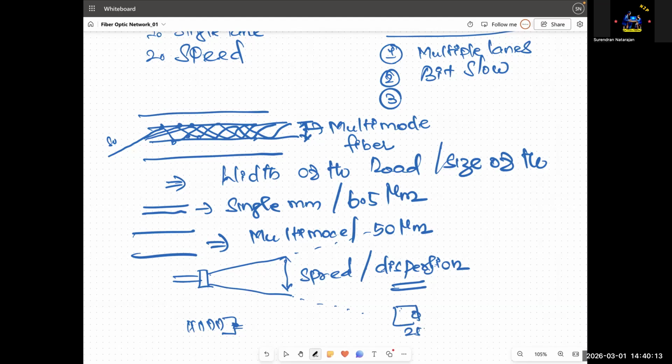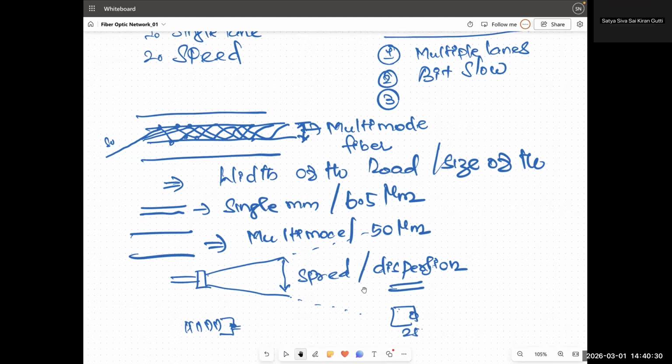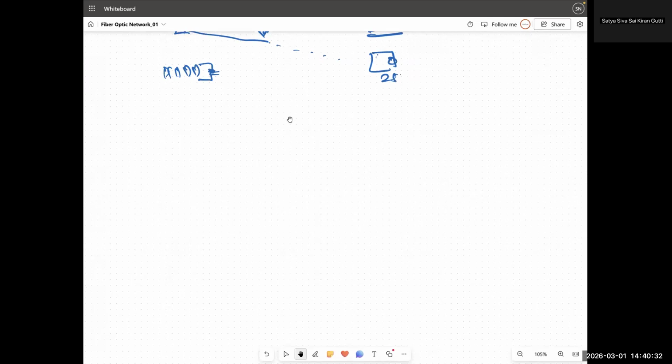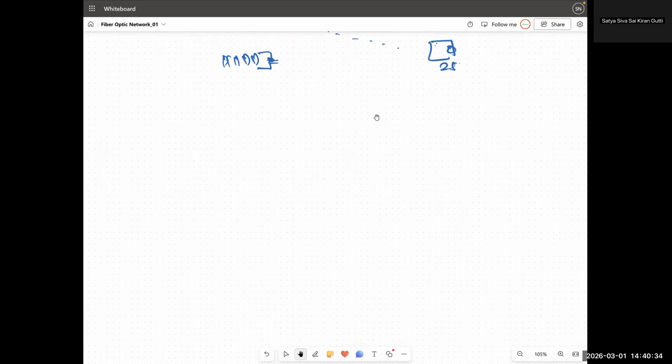Why is it? It lacks the clarity because... it doesn't have the dispersion. The laser light, like the fiber, doesn't disperse. No dispersion.